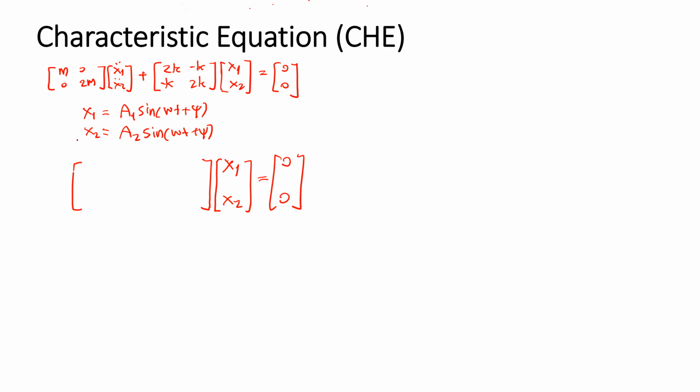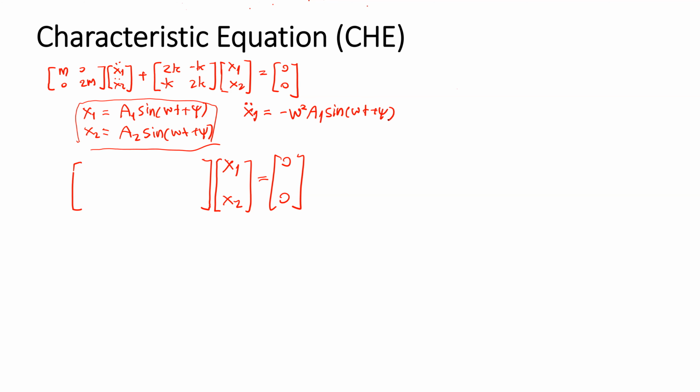By this knowledge, if we take the second time derivative of x1, what we have is minus omega square A1 sine(omega t plus the phase angle).